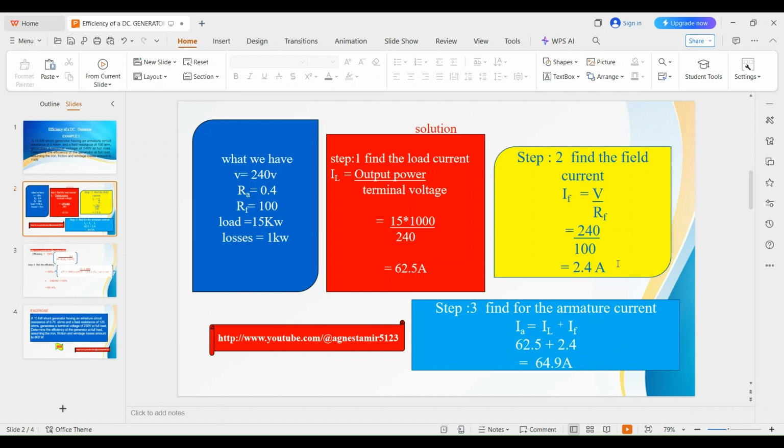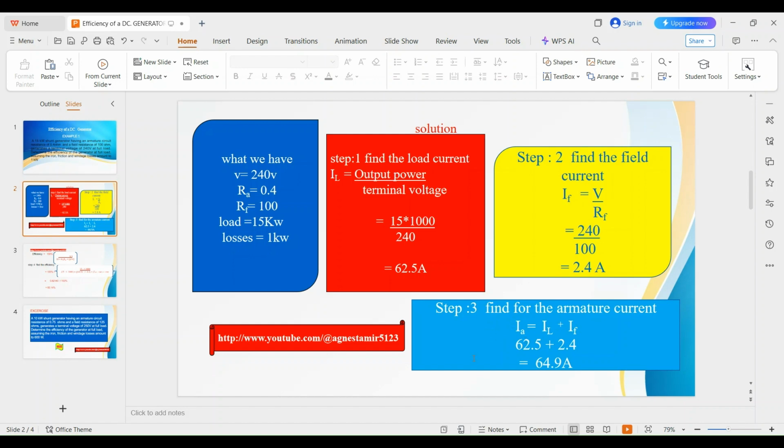Remember, we said that the armature current is given by the sum of the field current plus the load current. That one we saw in our previous video, video 4, that deals with calculations involving the short shunt wound generator. We said that the armature current is given by the load current plus the field current.